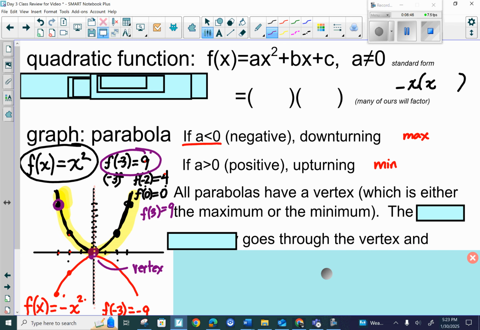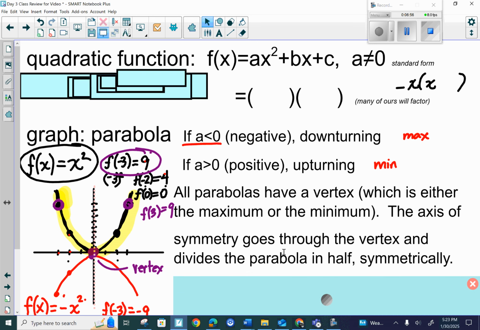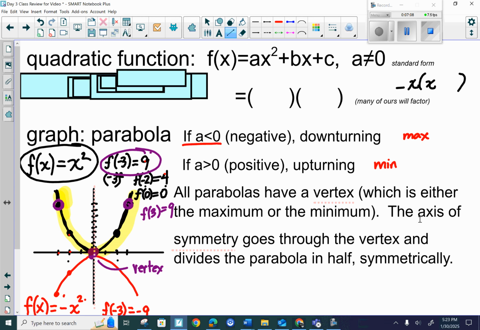So this point was symmetric to that one across the, you got it, axis of symmetry. The axis of symmetry goes through the vertex and divides the parabola in half symmetrically. So there are a few terms and ideas that you need to know. Vertex is one of them, axis of symmetry is another, and if the parabola has a max or minimum.